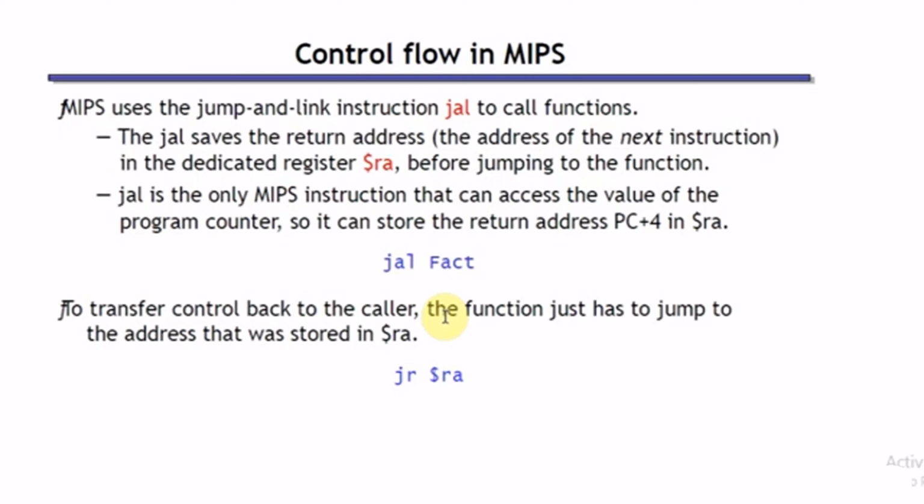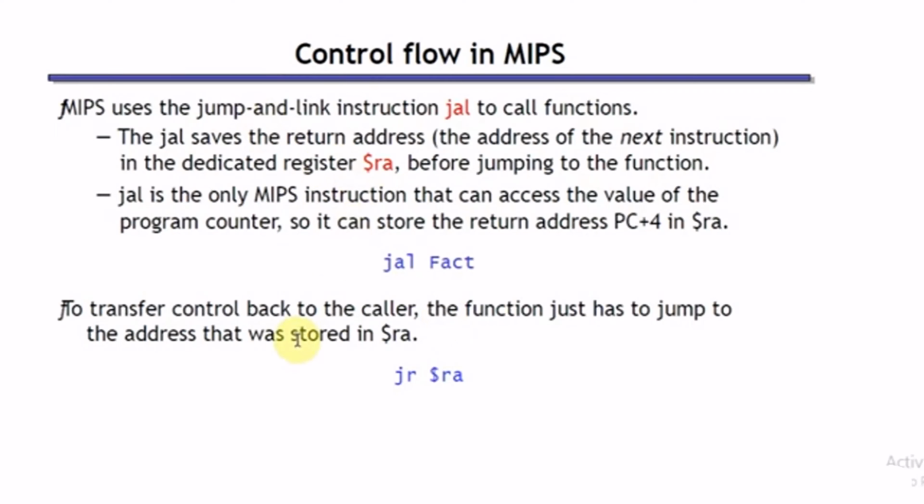You know that we have a specific register, the program counter, which points to the next instruction that should be executed by the processor. So if we store the value of the program counter in some place, we can use it as the return address in MIPS assembly language.